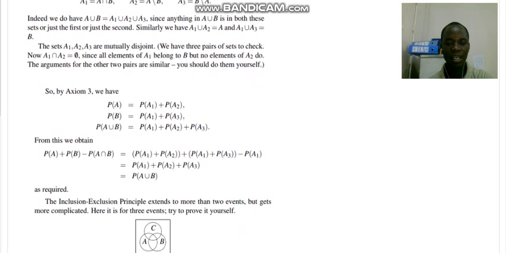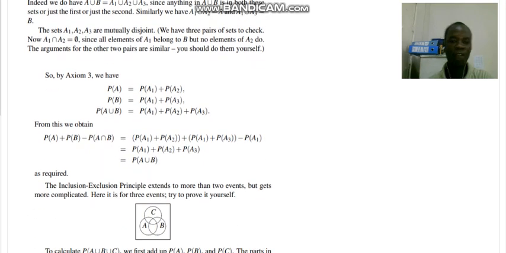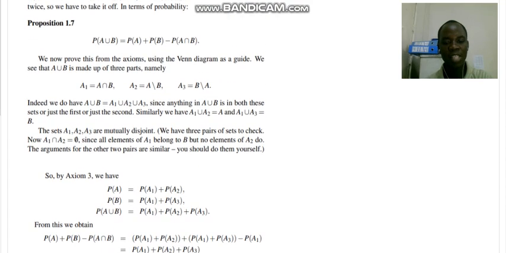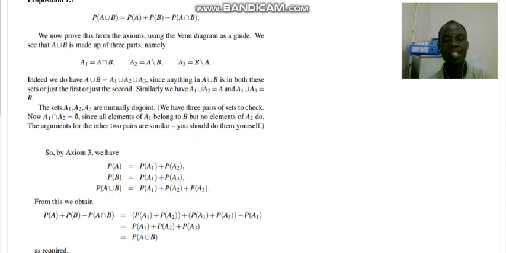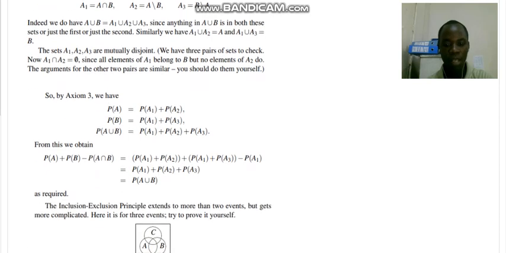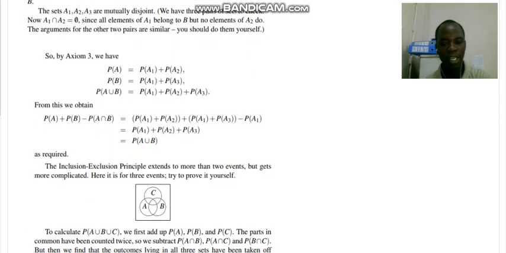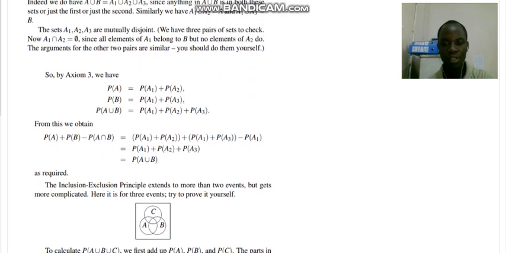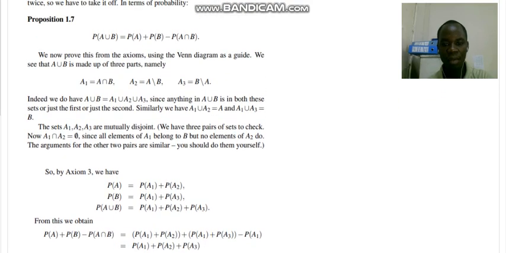So by example 3, the probability of A is equal to the probability of A1 plus the probability of A2, where A1 is A intersection B and A2 is A minus B. Then the probability of B is the probability of A1 plus the probability of A3. I do think that now you remember that A3 is B minus A.